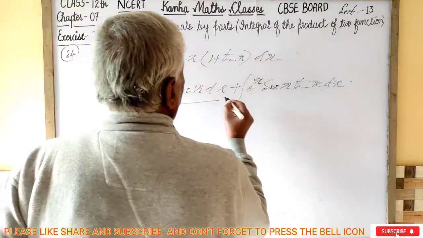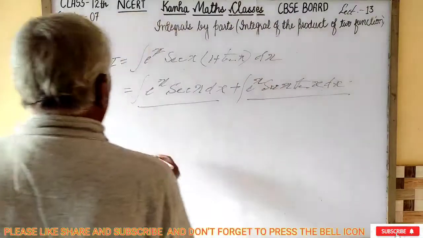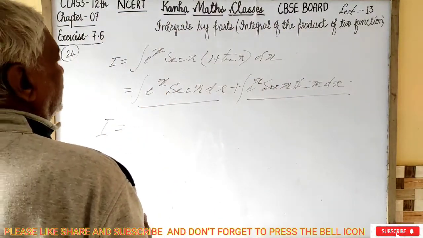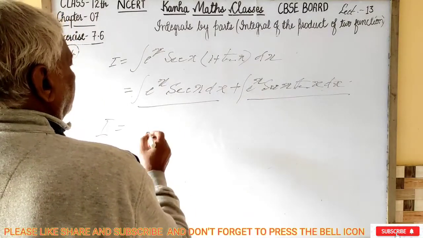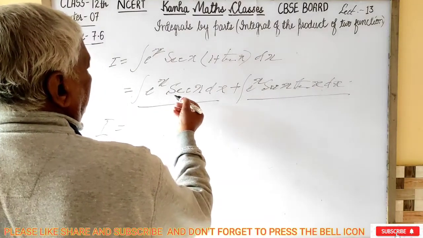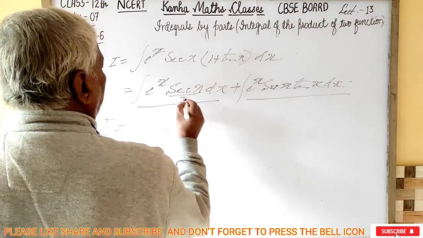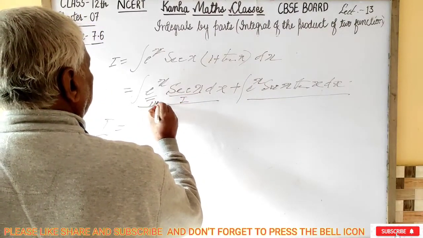This is the first integral, this is the second integral. We will find out here the first integral. Now taking sec x as the first function and e to the power x as the second function.